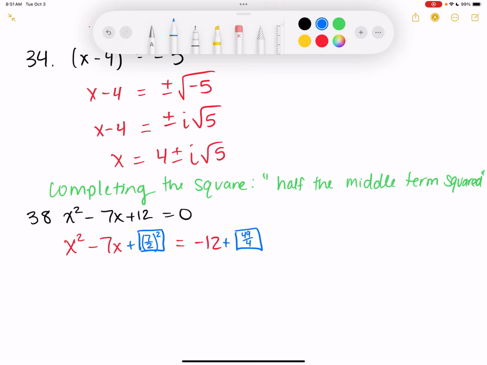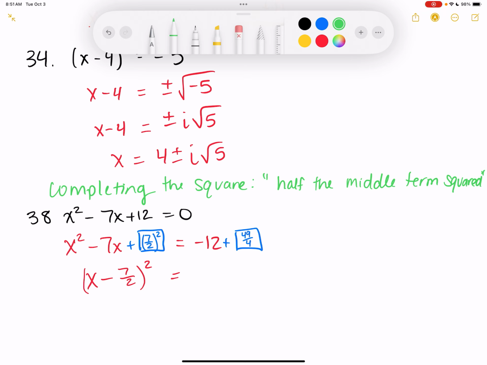If you're wondering why I did it that way, the goal on this side is that we get a perfect square trinomial. By leaving it this way, I know what I'm basically putting in. So I will have x minus, because that's what the sign is, and then 7 over 2, and the whole thing squared, is equal to, I'm going to rewrite negative 12 as something over 4 just so that I don't have extra writing.